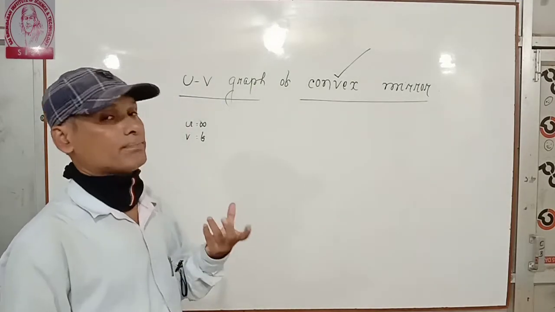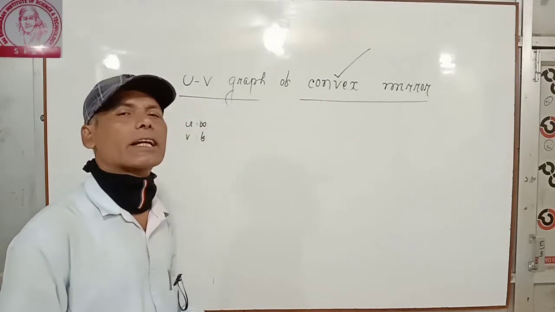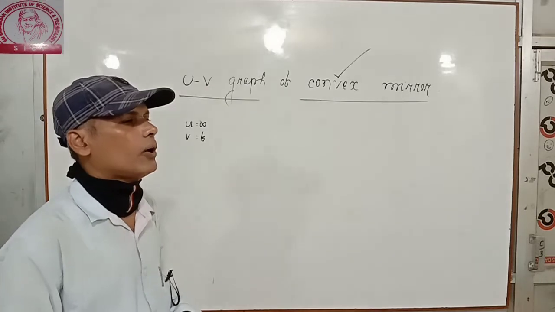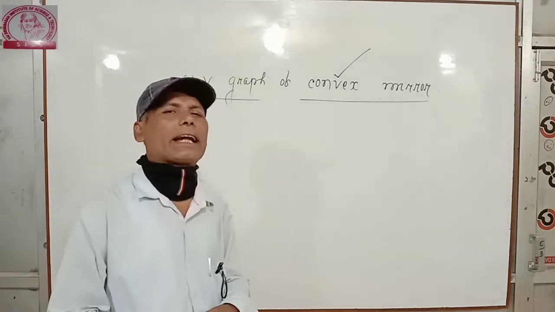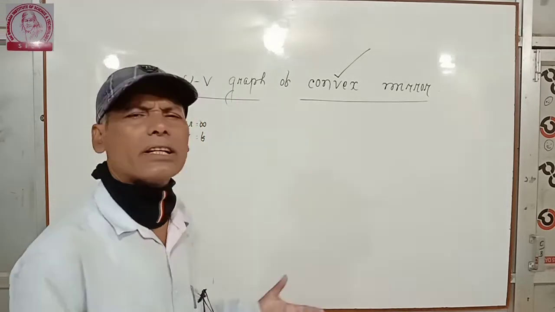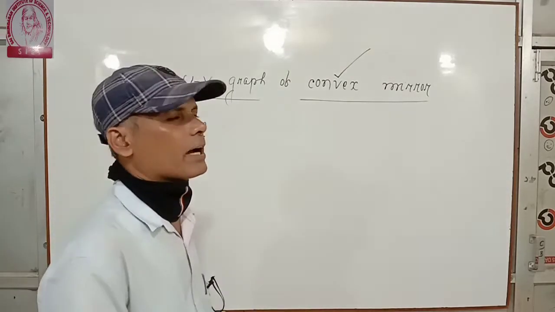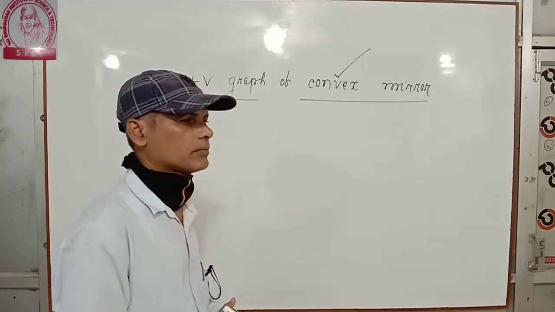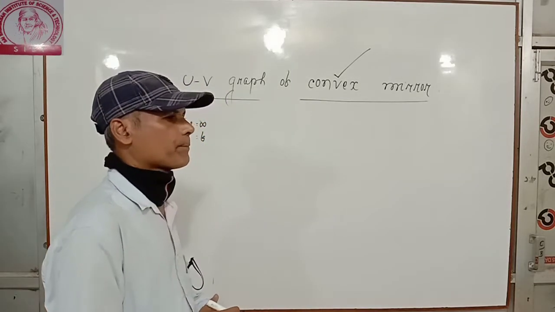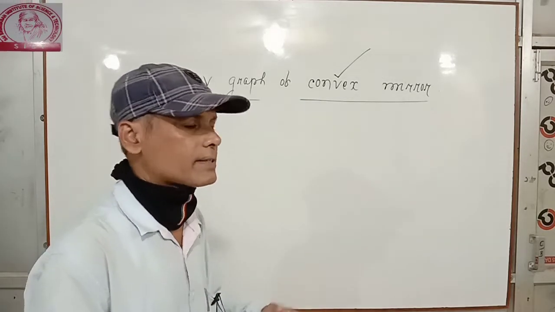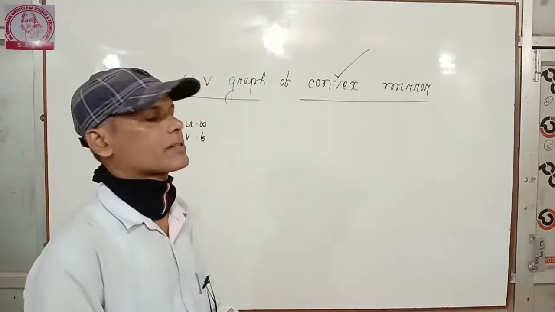Then what must be v in case of convex mirror? You know, in case of convex mirror, in almost all positions you will find the extended rays. Extended rays means the reflected rays are being extended. Those rays are called extended rays. The extended rays form the image.